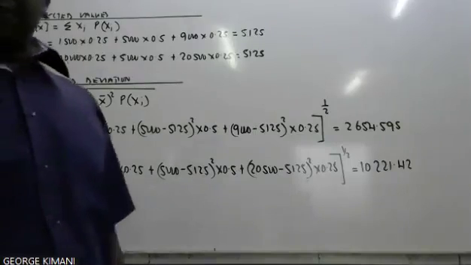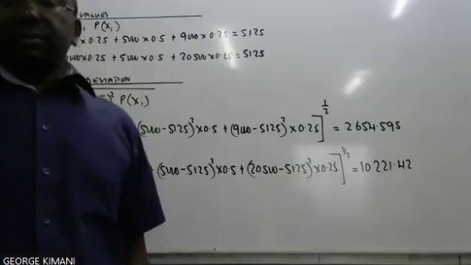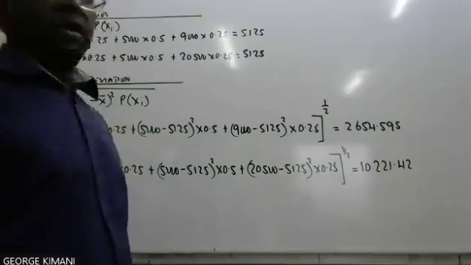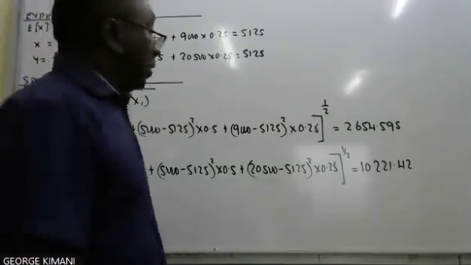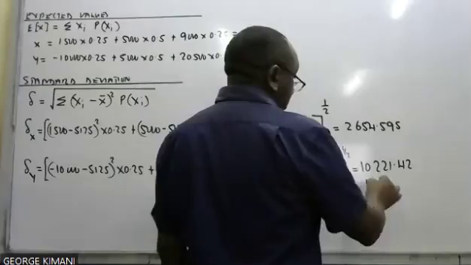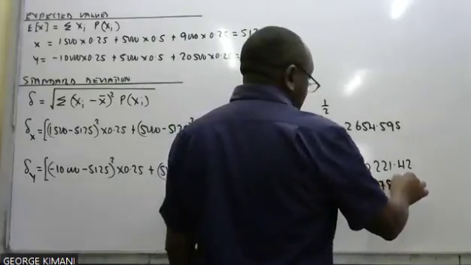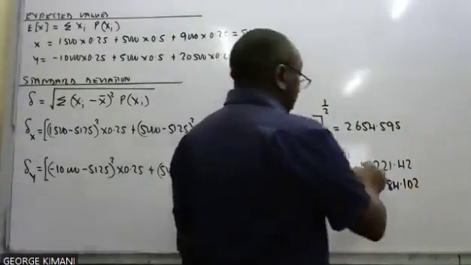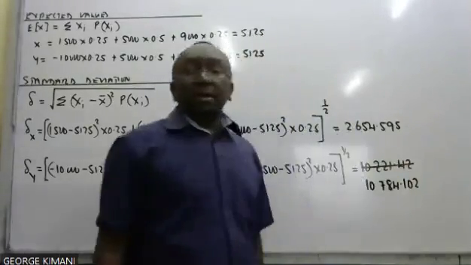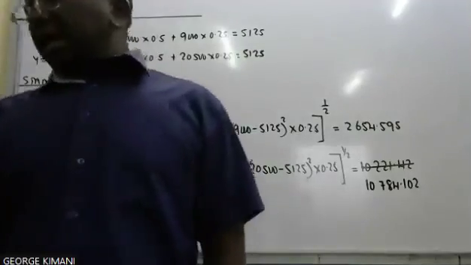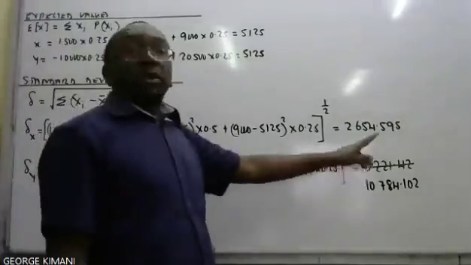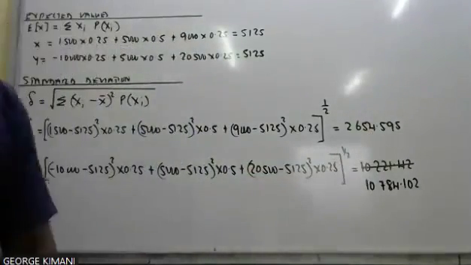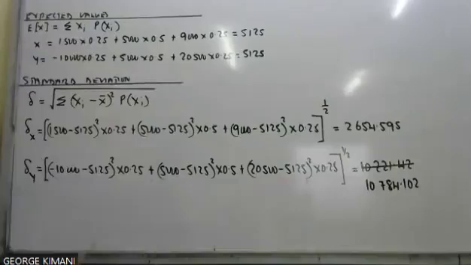Those who are online also confirm. First one is okay. The second one you have 10,784.02. You also have the same. So this appears to be the popular one. Okay, so we can go by this one. The first one, all of us agree.